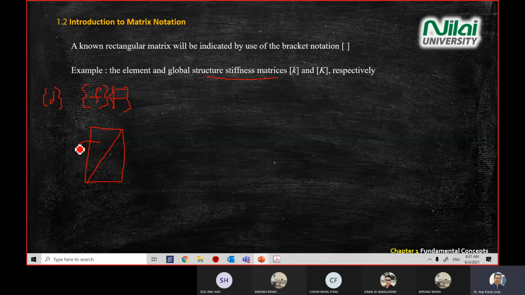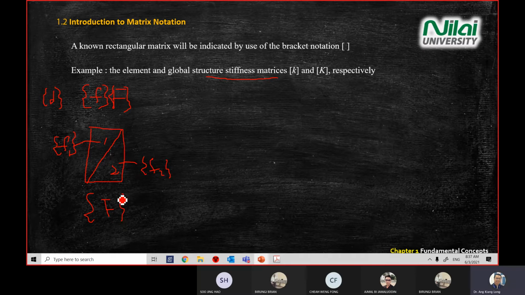If you analyze element 1, the forces on element 1 use small f1. Same with element 2, you write small f2. If you are referring to the whole component, you write capital F.